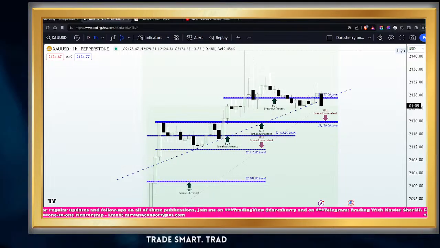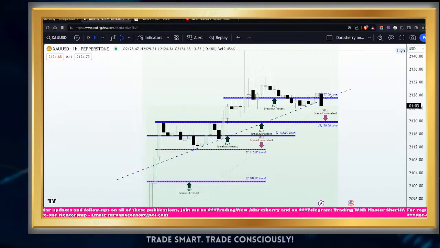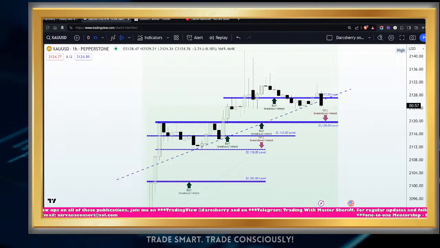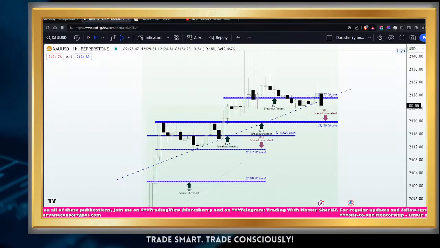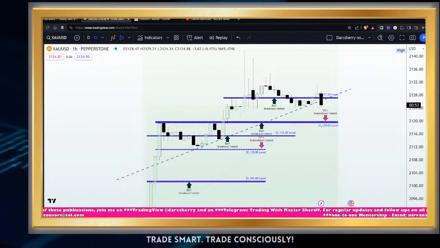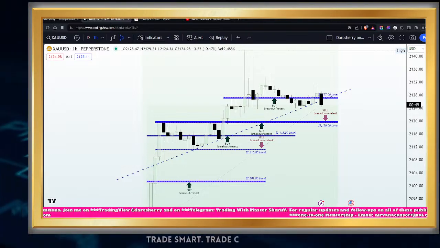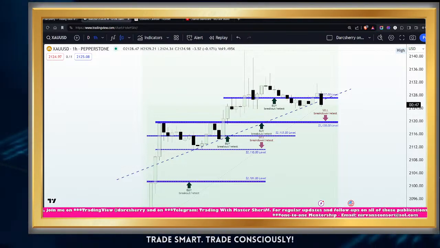In the meantime, the growing acceptance that the Federal Reserve will start cutting interest rates in June, along with yesterday's disappointing US macroeconomic data, keeps the US dollar bulls on the defensive and continues to act as a tailwind for gold prices.